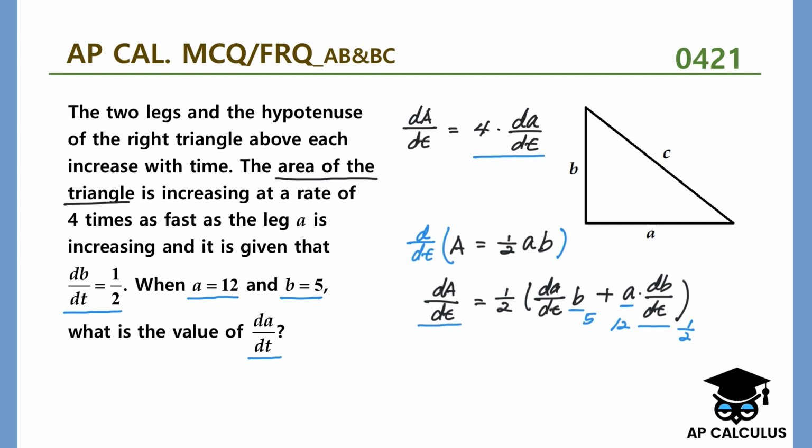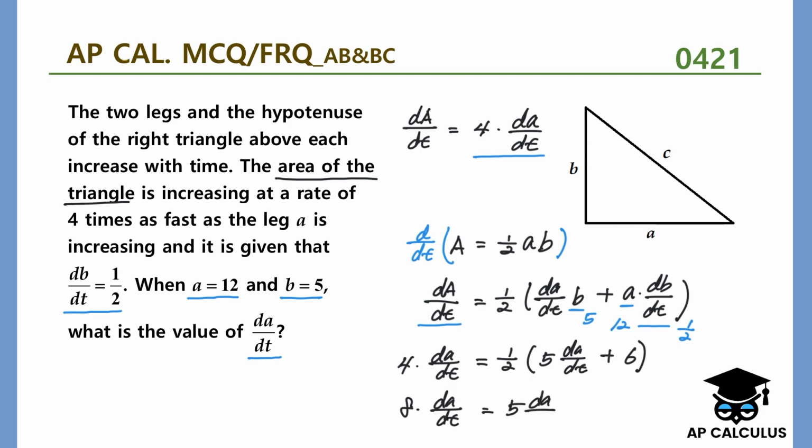dB over dt, that's 1/2, and A is 12, B is equal to 5, and the area's rate, this is 4 times dA over dt, right? So 4 dA over dt is equal to 1/2 times 5 dA over dt plus 12 times 1/2, that's 6, right? Now we're going to multiply by 2 each side. 8 dA over dt is equal to 5 dA over dt plus 6.